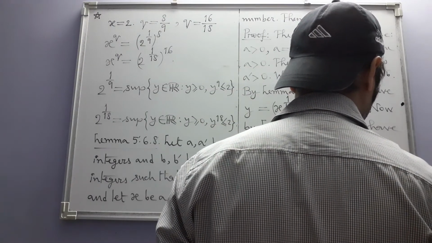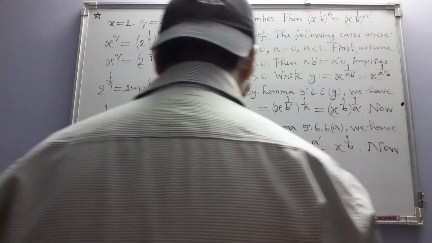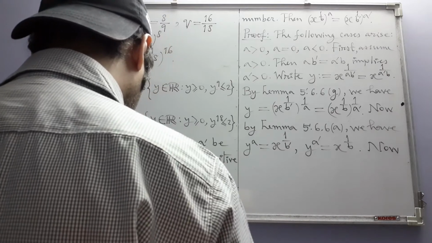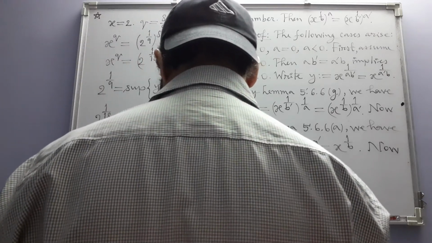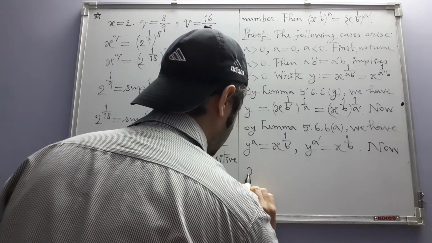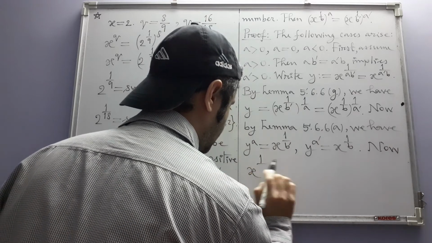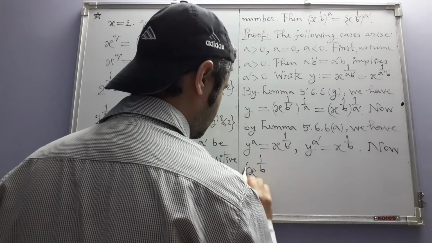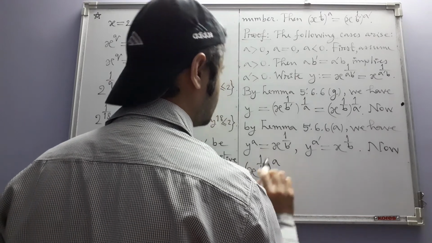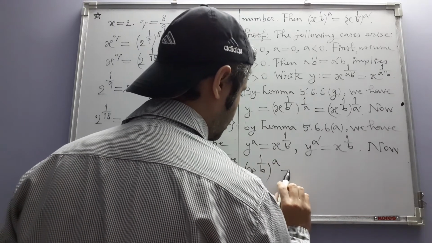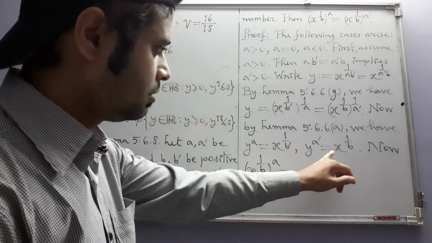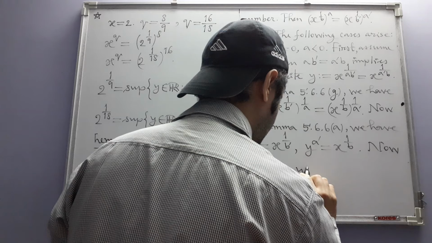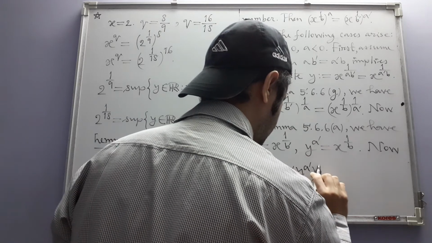Now here is the calculation. x to the power 1 by, let us start with this one, to the power a. Using this equation we get y to the power a prime whole to the power a.